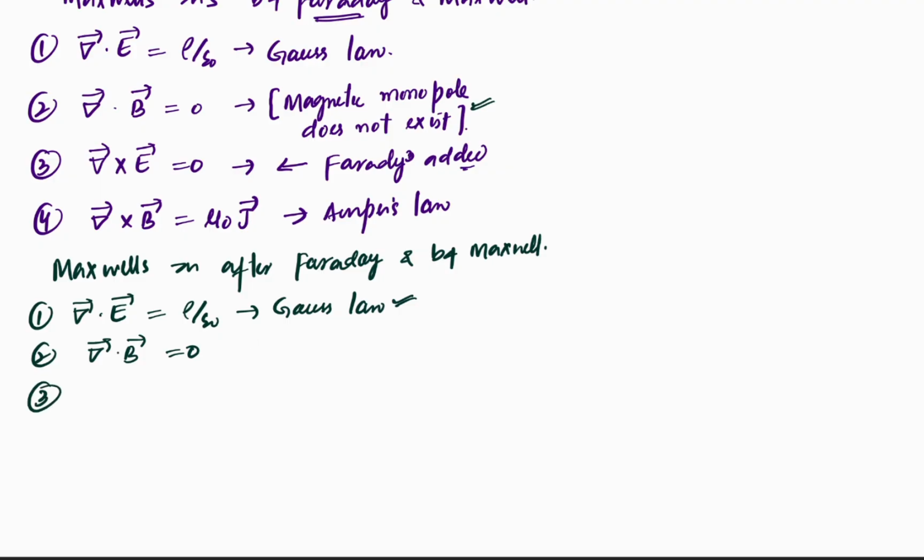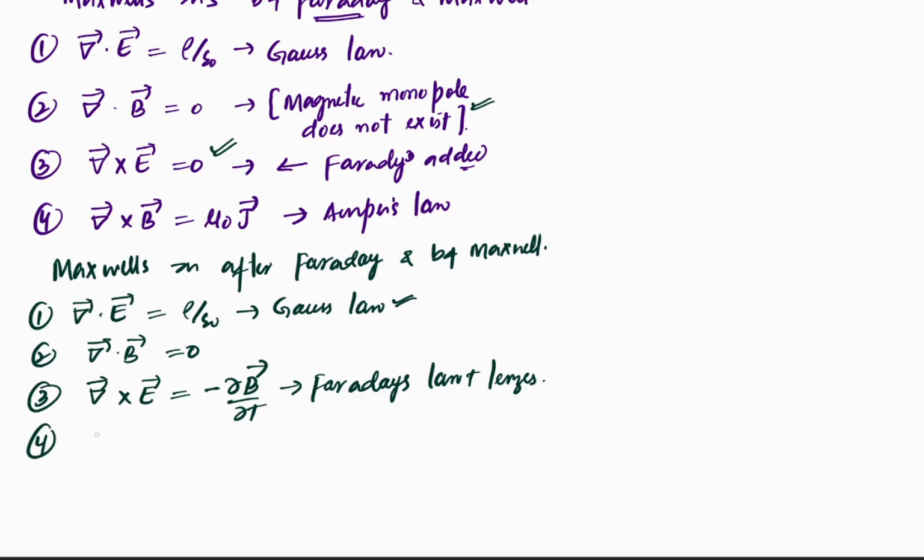So here Faraday did something to this equation. So del cross E equals minus dou B by dou t. A change in the magnetic field creates an electric field, and this minus sign comes into the picture because of Lenz's law. So this is Faraday's law plus Lenz.